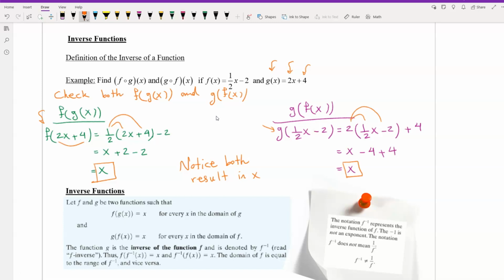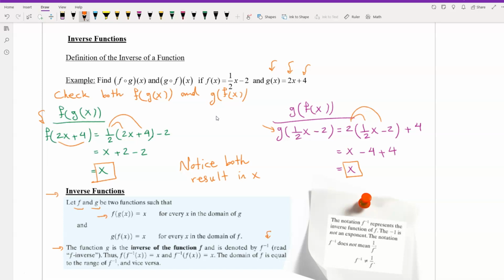What that means for inverse functions is, when we have these two functions f and g, if f of g(x) equals x for every x in the domain of g, and g of f(x) equals x for every x in the domain of f, the function g is the inverse of function f and is denoted by f inverse. So this is the inverse function notation, it is not the exponent negative 1.